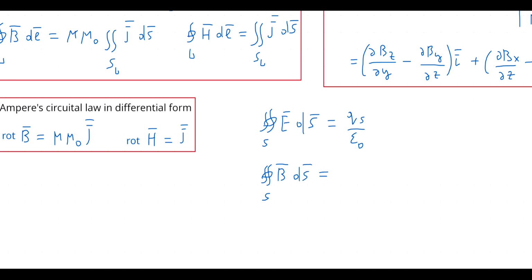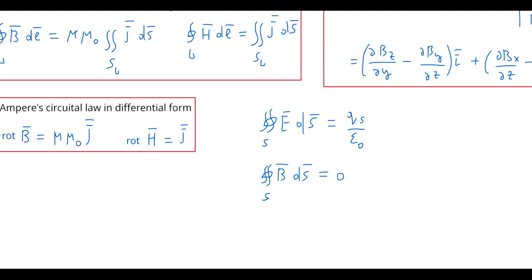And this means that we have zero in the right side of the Gauss flux theorem for magnetism.